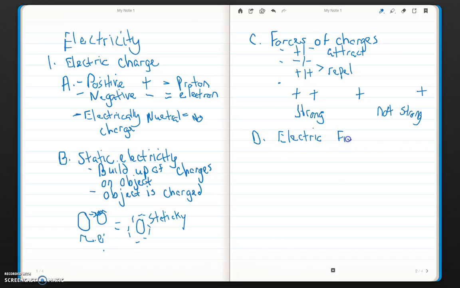Again, all this stuff is just ways of us getting used to talking about the topic of electricity, just the very basic idea of what that is. It's all about these charges. So an electric field, let me write this out, it surrounds electric charges.